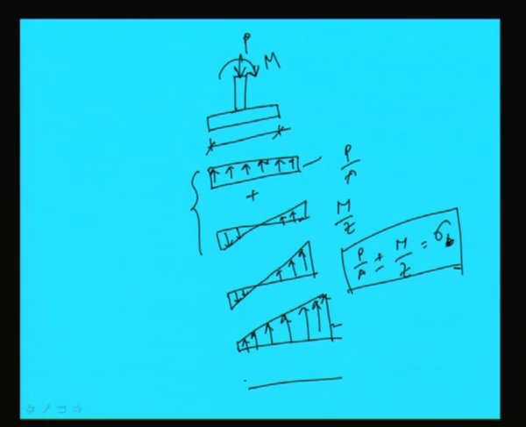Otherwise one other case may happen, just when P by A is equal to M by Z. In this case, here on the left side it will be 0, and here P by A is greater than M by Z, right, and here P by A is less than M by Z, right.